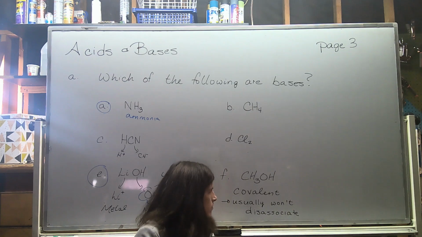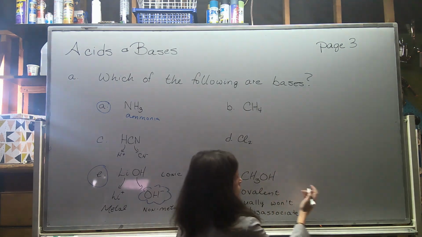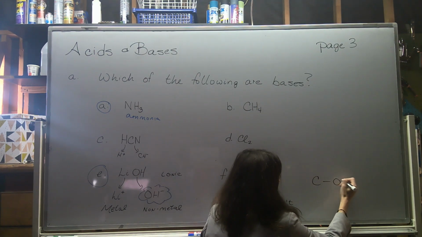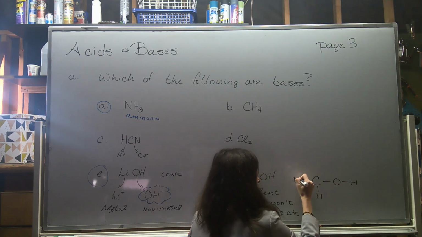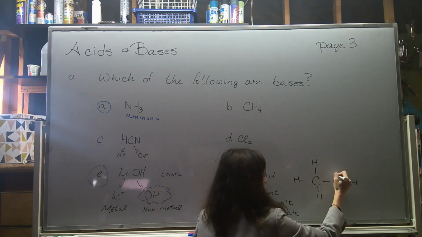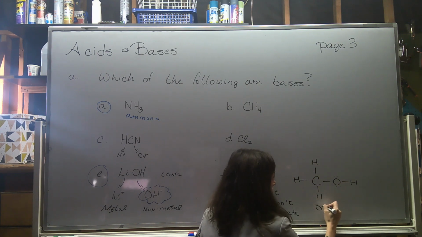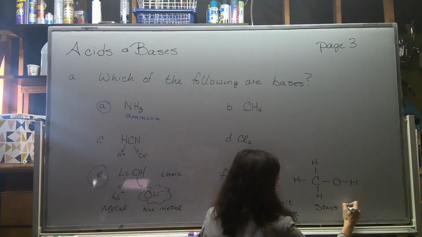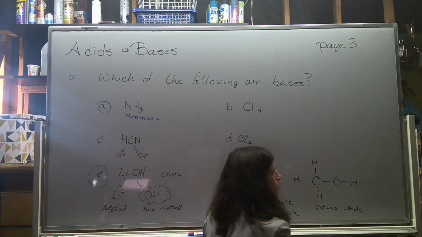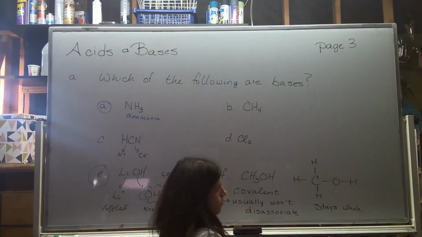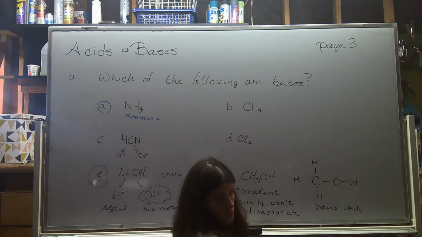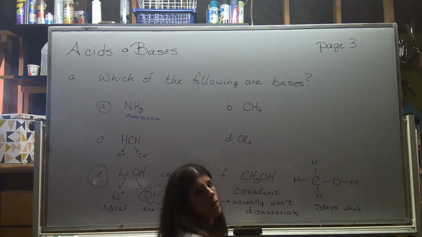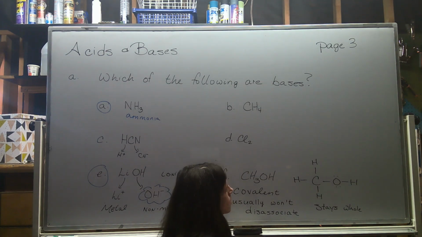So the consequence of this is that even though there's an OH here, it stays as OH in the compound. And this whole thing stays whole when we mix it with water. The Bronsted-Lowry definition, or the Arrhenius definition, says that a base is an OH minus producer. And if it stays whole, it's not producing that OH minus.